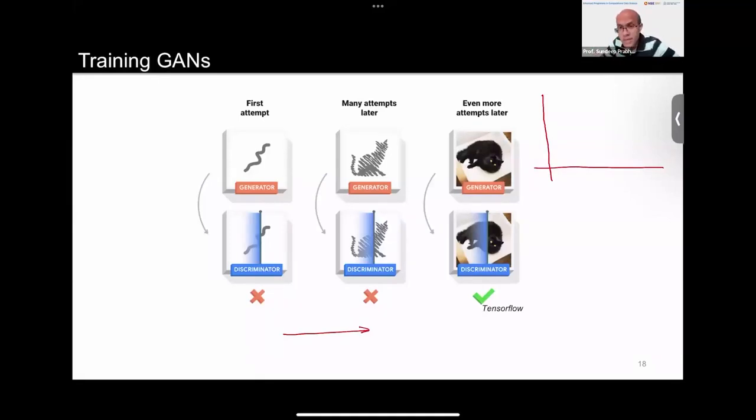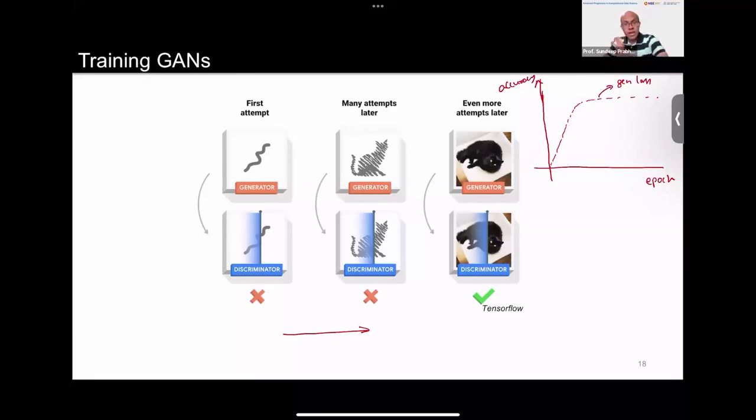The generator has a very low accuracy to begin with, and as the training progresses, this is the generator loss curve, and this is what is desired. Here the axes are the training epoch and the accuracy.